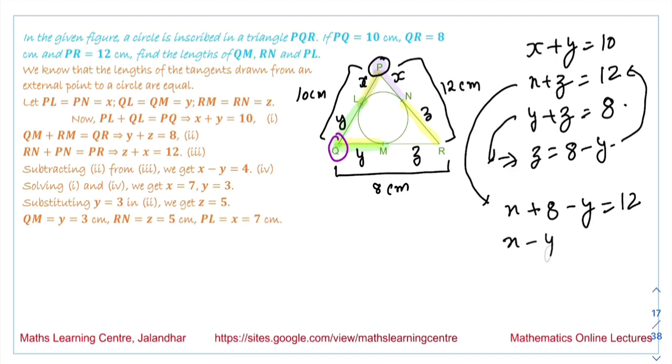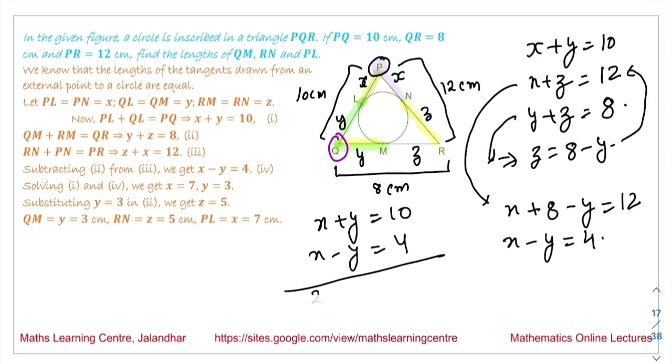So we get X minus Y equal to 4. So we have X plus Y equal to 10 and X minus Y equal to 4. On adding these two equations, we get 2X equal to 14. So X is equal to 7.